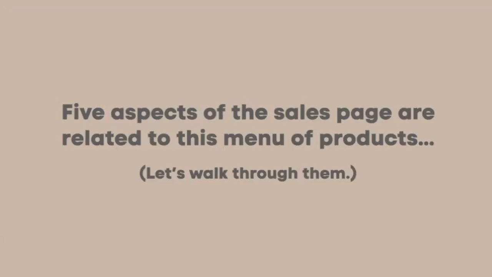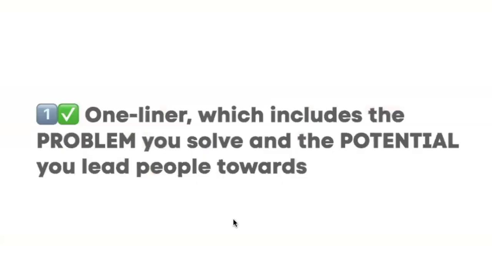Now, on the sales page, at the top of the page, you've got a one-liner. That includes the problem you solve and the potential you lead people towards. This comes from your framework. You might remember, hopefully by the time you've gotten here, you have already watched or listened to the training on how to architect and articulate your framework.